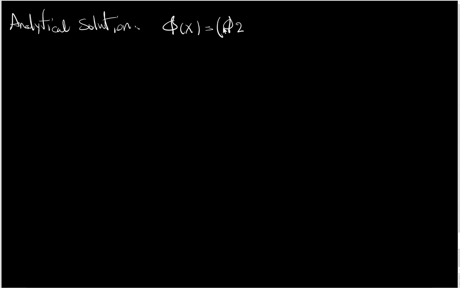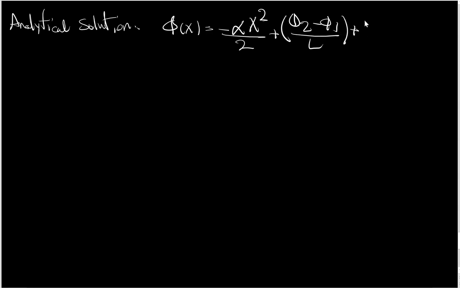And the final analytical solution for that specific problem is phi of x equals negative alpha x squared over 2 plus ((phi 2 minus phi 1) over L plus alpha L over 2) x plus phi 1.